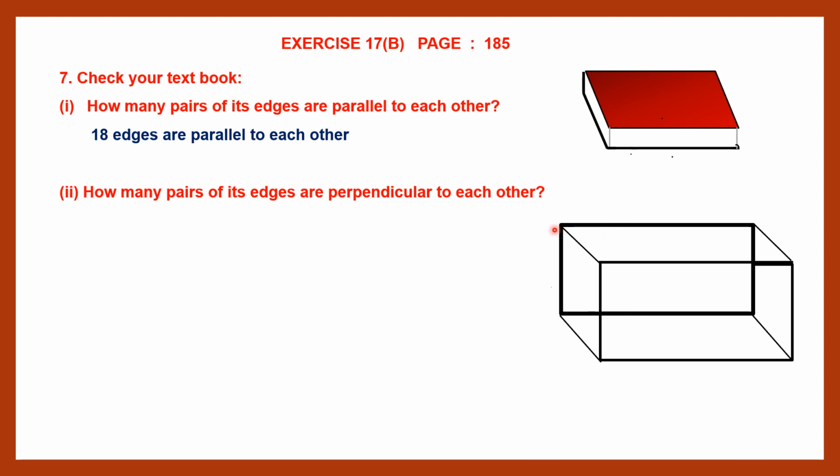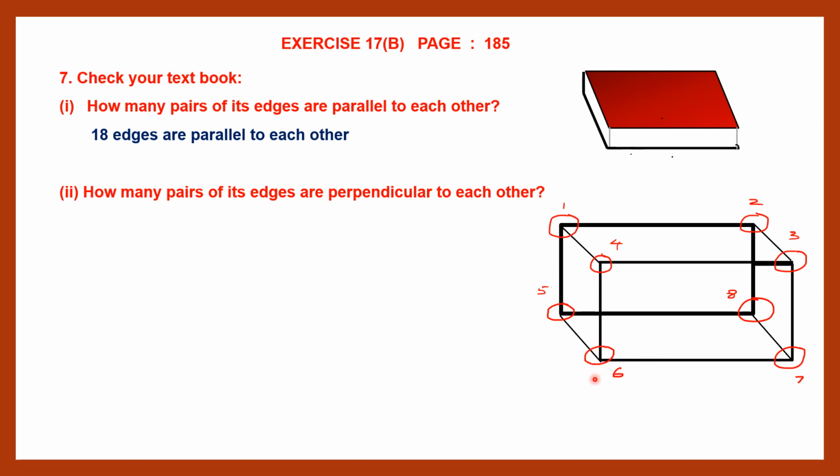Now here at every corner, so let's count the number of corners. So here we have 1, so this is 1, 2, 3, 4, we have 4 corners there. Then here we have 5, 6, 7 and 8. Now at each corner there are 3 perpendicular lines.